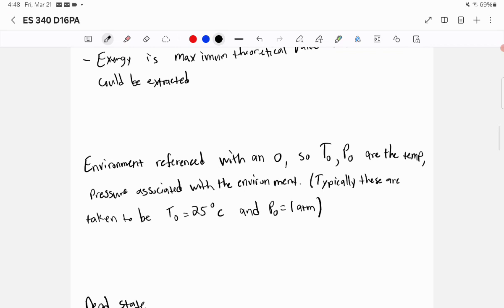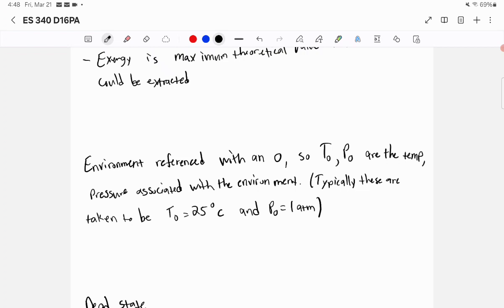Your book likes to denote the environment in this case with an O, or maybe that's a 0. I can't really tell. I think it's an O. Basically T_0 and P_0, we can think of them as the environmental temperature and pressure. That's going to be the environment, because obviously a system, unless it's isolated, has to interact with its environment.